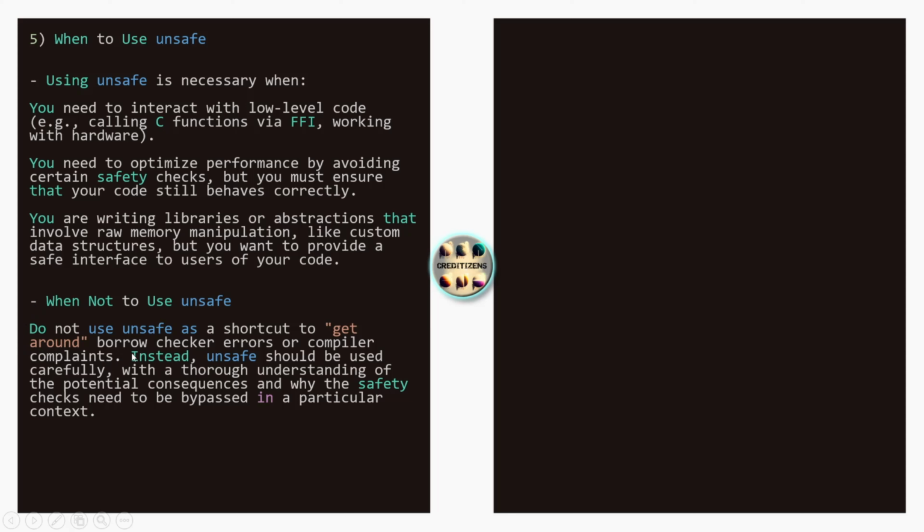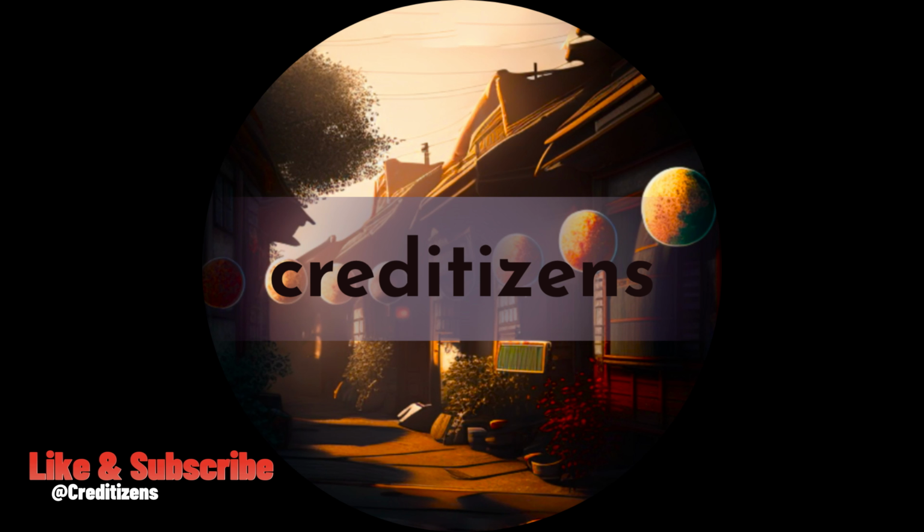Instead, unsafe should be used carefully with a thorough understanding of the potential consequences and why the safety checks need to be bypassed in a particular context. So sometimes you need it. We've seen examples before: you want to dereference a pointer, you need to use unsafe to get the value, but otherwise just be careful in the way you're using it. Don't use it in the wrong way.